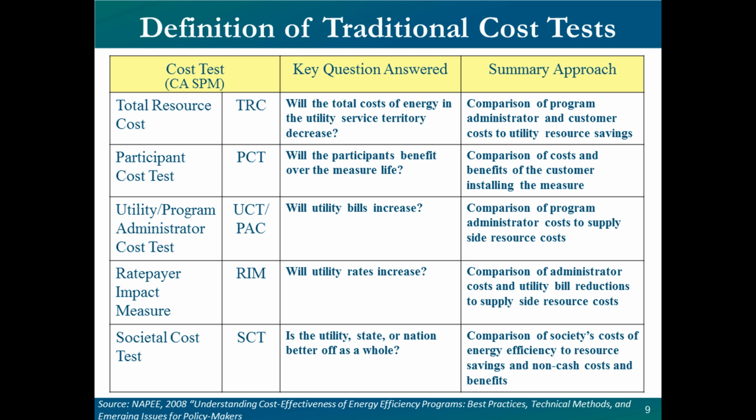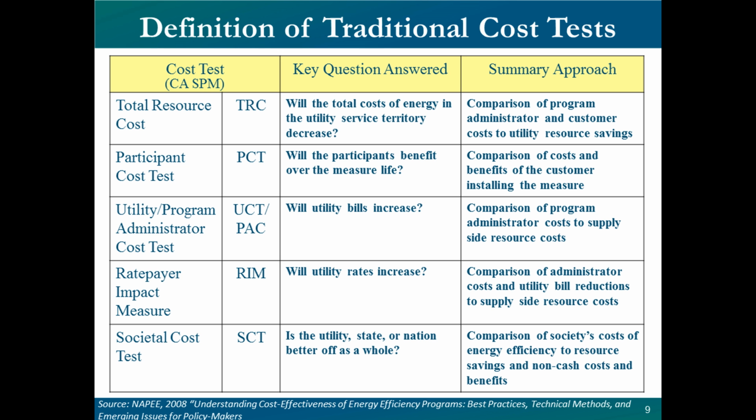The tests are broadly organized as more social or broader tests. So is it good for the state to do this program, or is it good for society as a whole? And then there's other tests that try to parse society into those who are participating and non-participating and the utility. And so those are more distributional tests. So even if we have benefits overall from a social perspective, are there winners and losers, and do we need to worry about that?